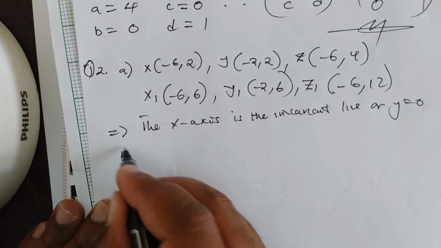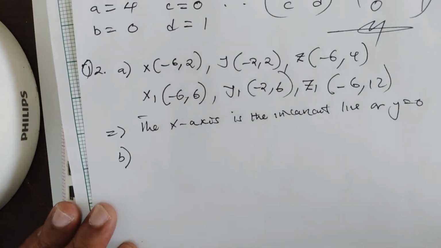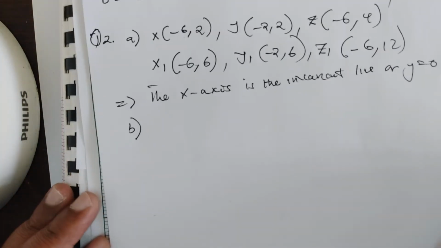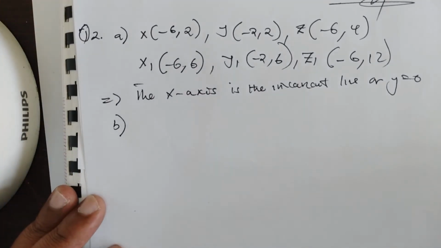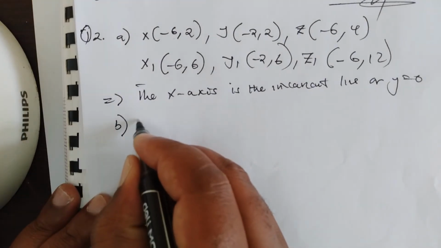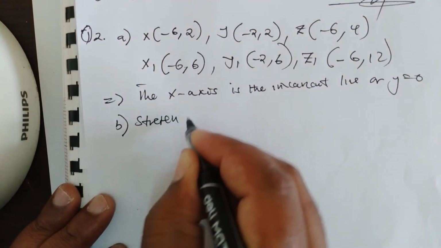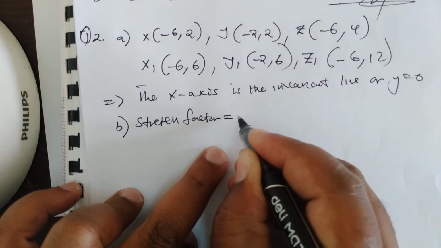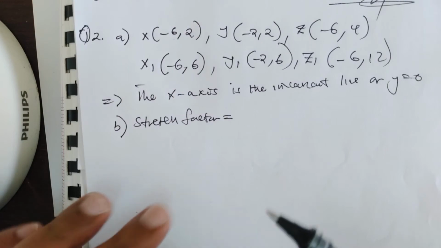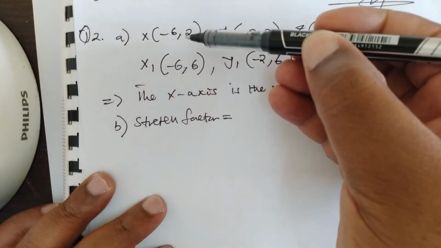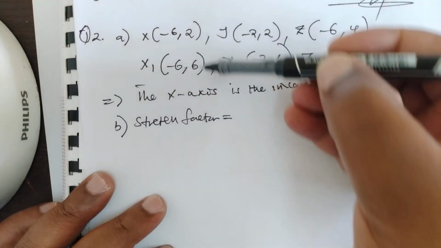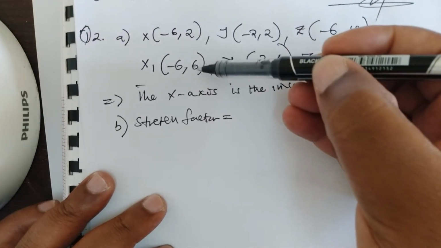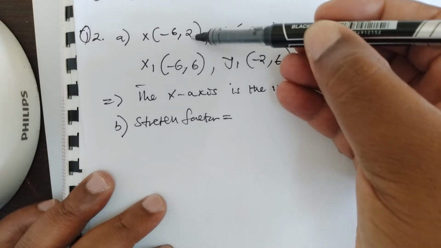Then we go to B. In B, we need to find the stretch factor. So we can pick one point. You look at the coordinates or the values of the axis that have changed, which in this case maybe we pick x.